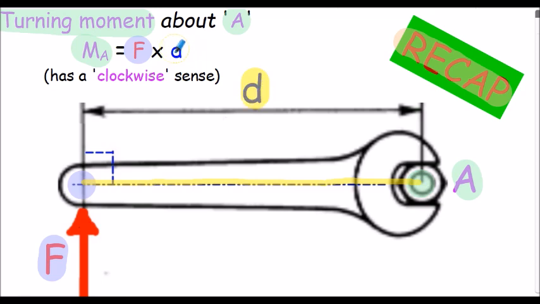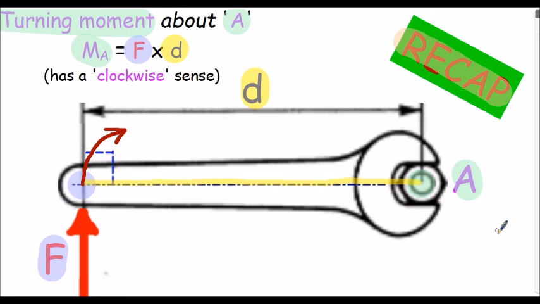So the moment at A is F multiplied by d again. This time the sense of the moment is clockwise about point A. So that shows you the definition of a moment, but in the context of applying force at the end of a spanner. Hopefully that aids your realization of the concept of a moment.